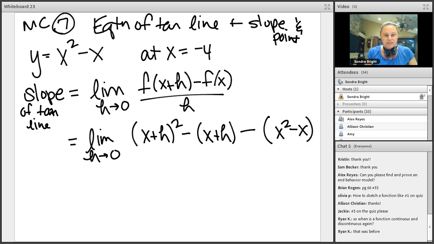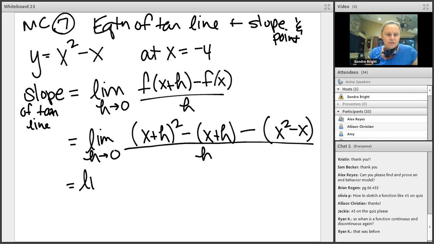You had lots of practice with the difference quotient last year, all because of this. It's not hard. It was when x is -4. We could plug that in right now, or we could plug it in at the end. Let's just plug it in at the end. Why not? I think I did the last one where I plugged it in at the beginning.